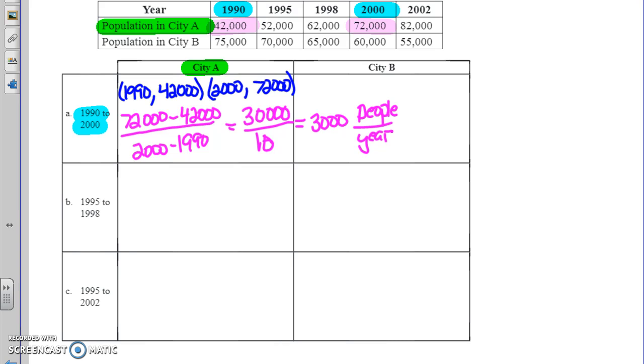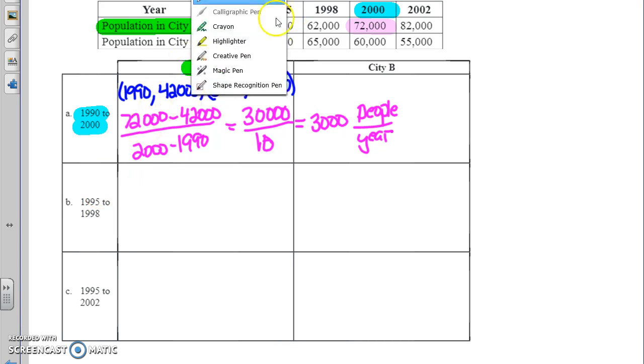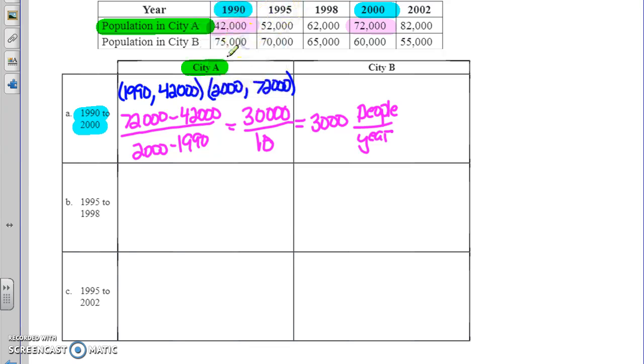All right, as another example, we'll do City B, 1995 to 1998, and those populations were 70,000 and 65,000. So my coordinate points would be (1995, 70,000) and (1998, 65,000).